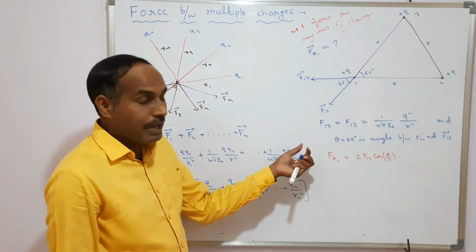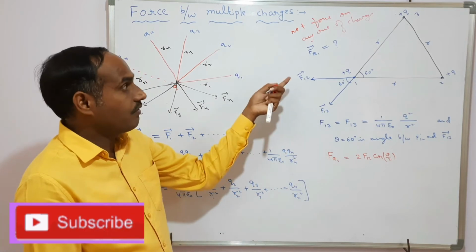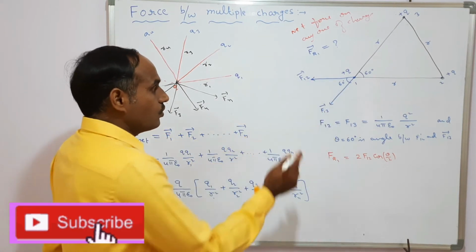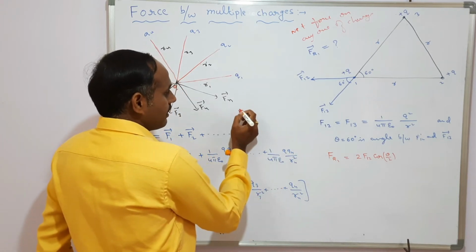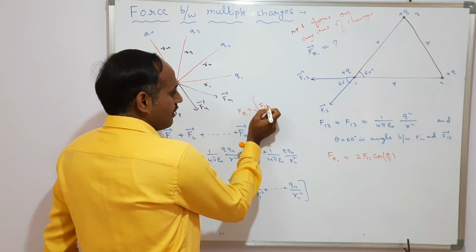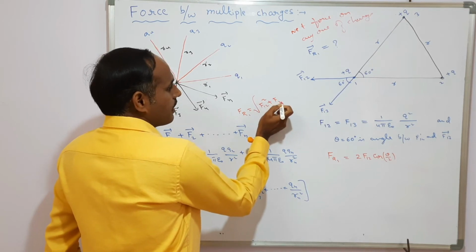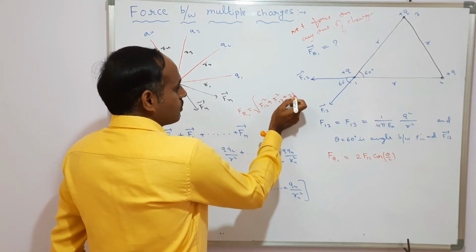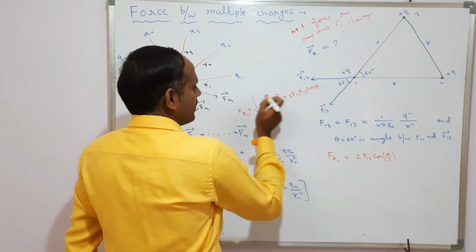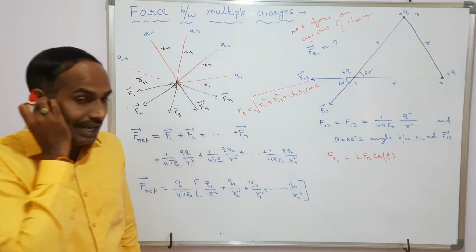Otherwise, we have from the parallelogram law of vector, under root of F12 square plus F13 square plus 2 F12 F13 cos theta. I will write here. Actually, the resultant on first is, according to the parallelogram law of vector, F12 square plus F13 square plus 2 F12 F13 cos theta. By substituting and simplifying, you will get the answer.